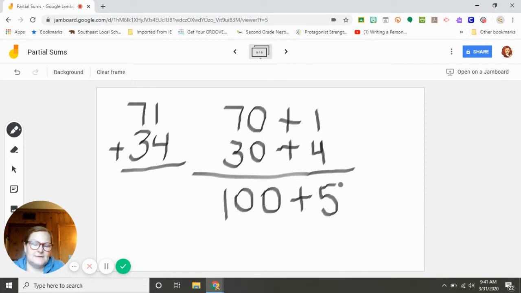So if I add these up, I have 100 plus 5 is 105. So the answer is 105. And that's how you do partial sums.